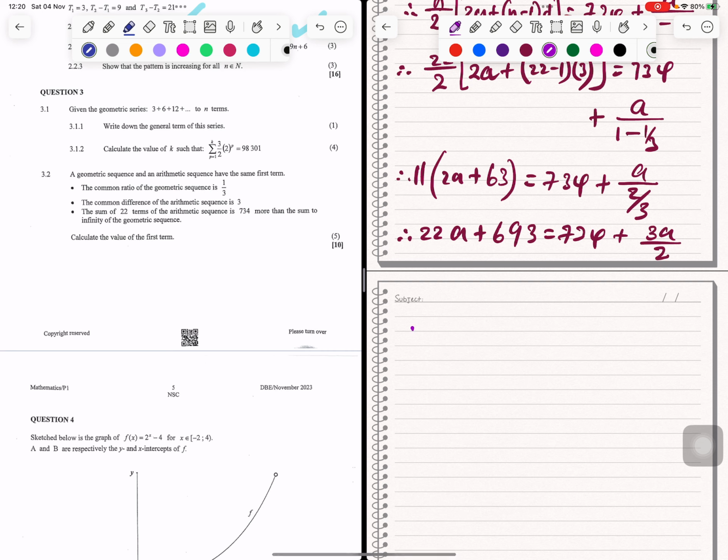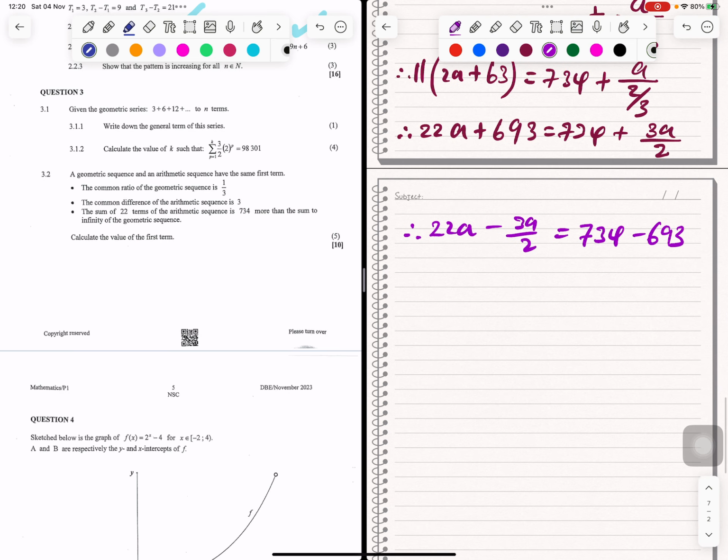Now, I think it's algebra. So you're going to say that 22a minus 3a over 2 is equal to 734 minus 693. If I made a mistake, please comment on this one. So let's take out a as a common factor.